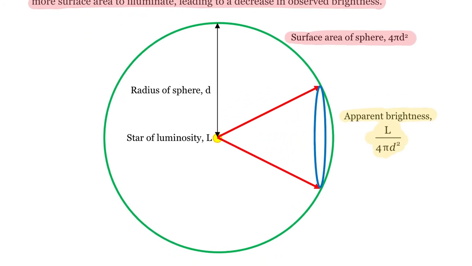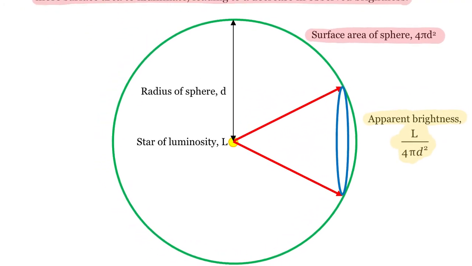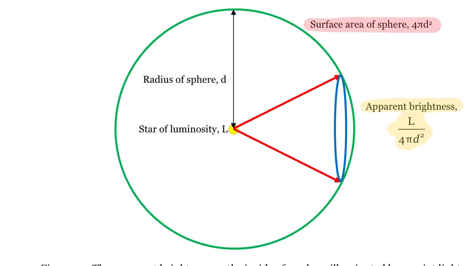So if you think of this internal surface as a gigantic screen on which all of the electromagnetic radiation from the point source falls, and we are sitting on this surface, we are observing an apparent brightness.